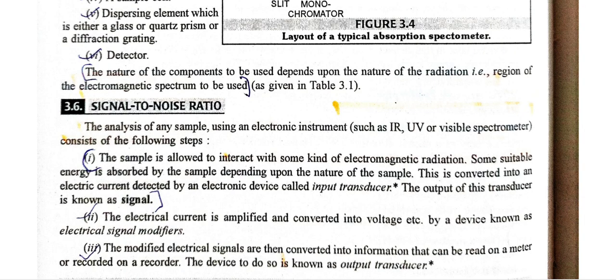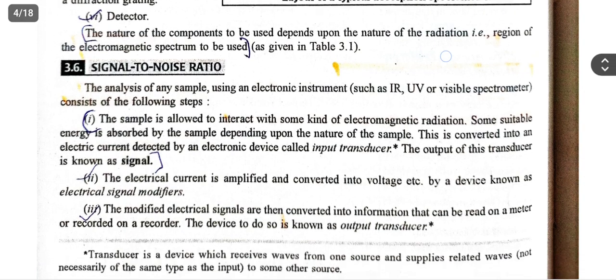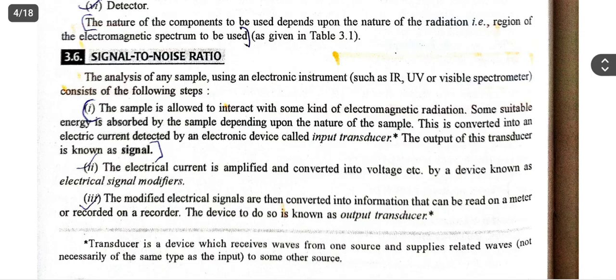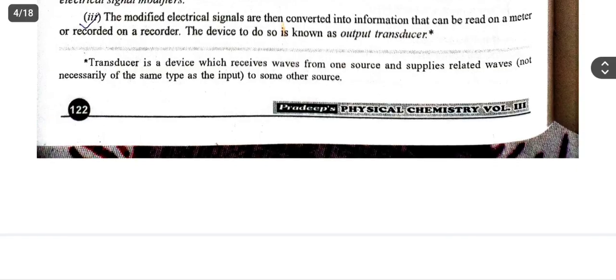The output of this transducer is called the signal. The electric current is amplified and converted into voltage by a device known as an electrical signal modifier. The modified electric signals are then converted into information that can be read on a meter or decoded on a recorder. This device is known as the output transducer.